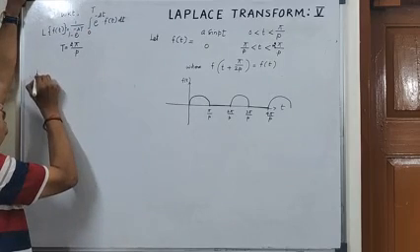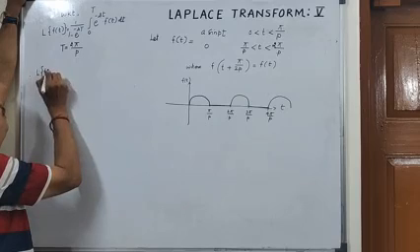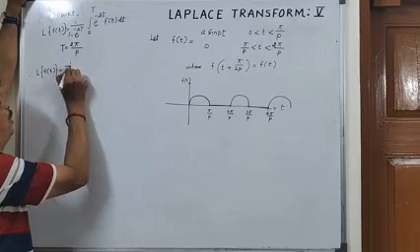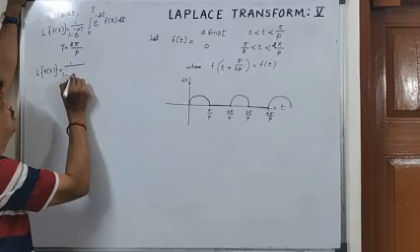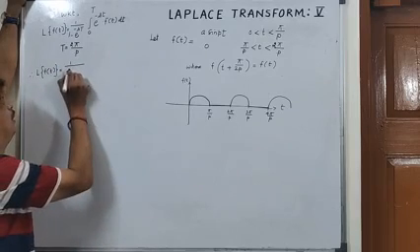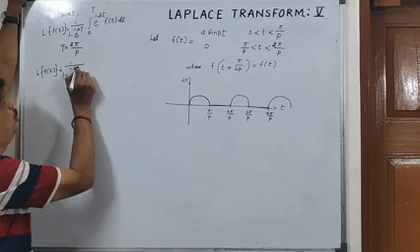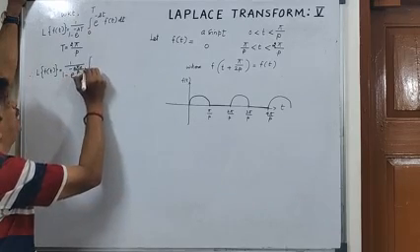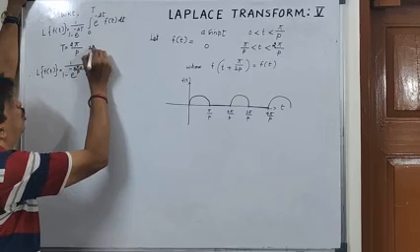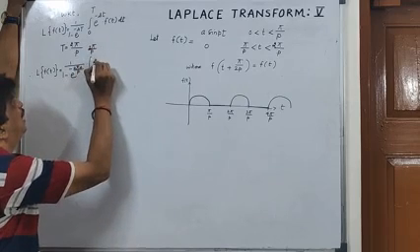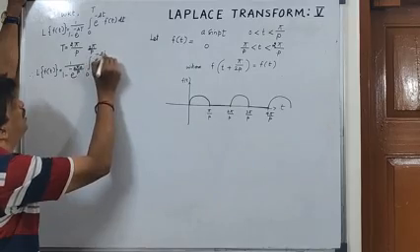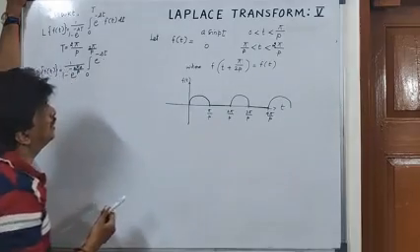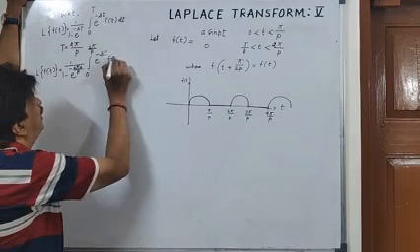Therefore, the Laplace transform of the given function f of t is equal to 1 upon 1 minus e raised to power minus 2 pi s by p into integral 0 to 2 pi by p, e raised to power minus st into f of t.